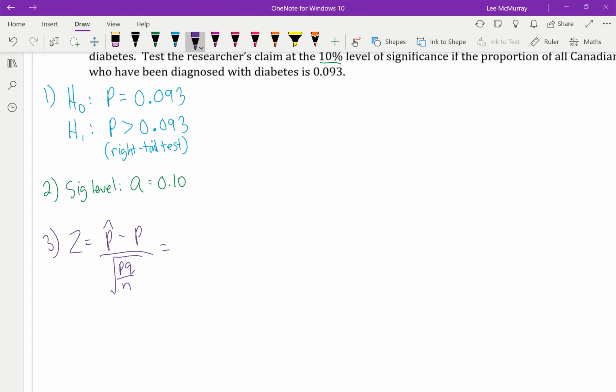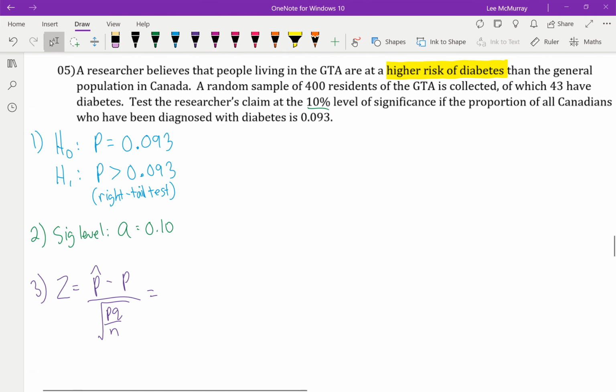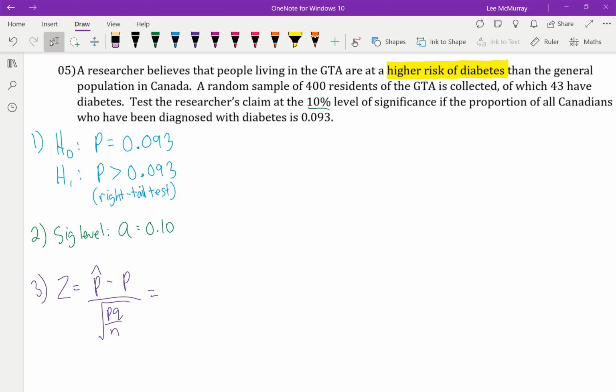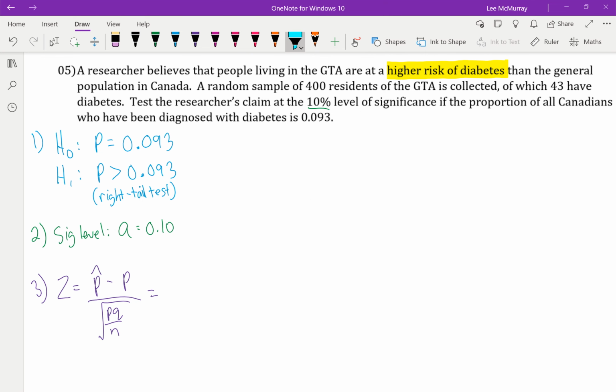Our p hat would be our sample proportion. Looking at this random sample of 400 residents of the GTA, 43 of them have diabetes. So 43 out of 400 would be our sample proportion.